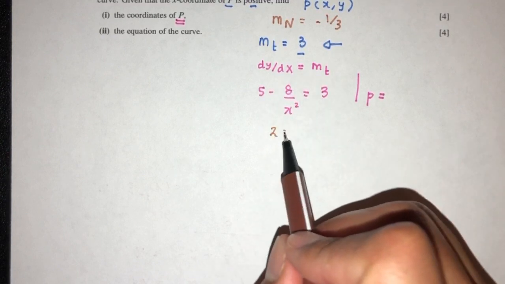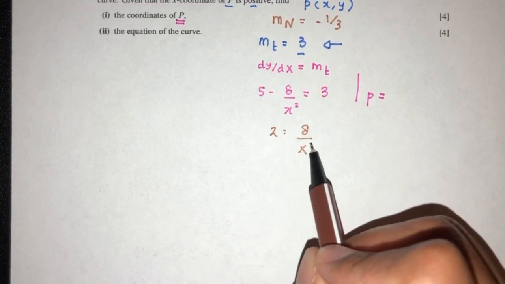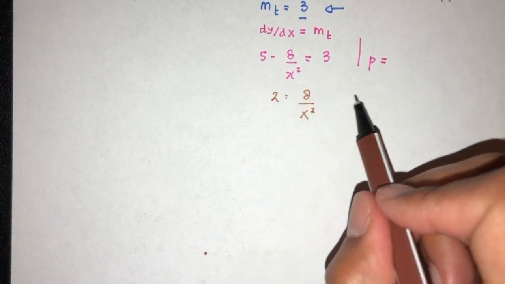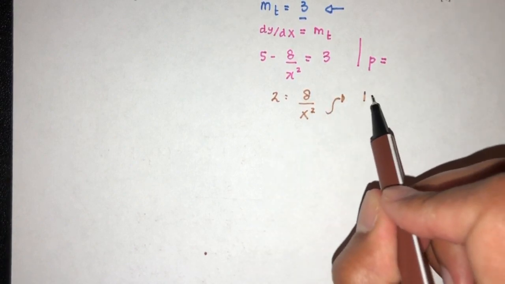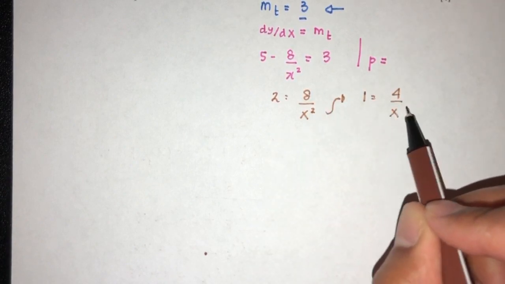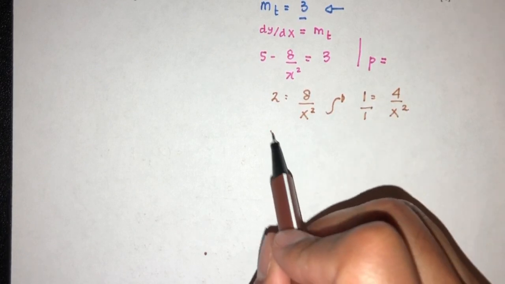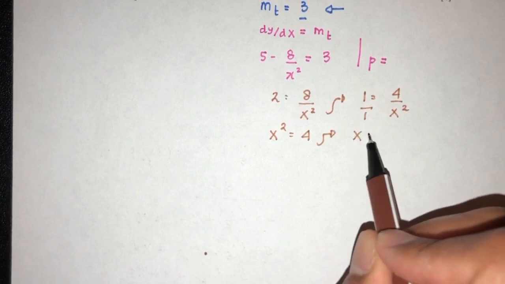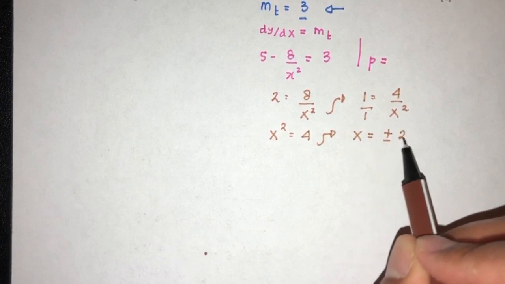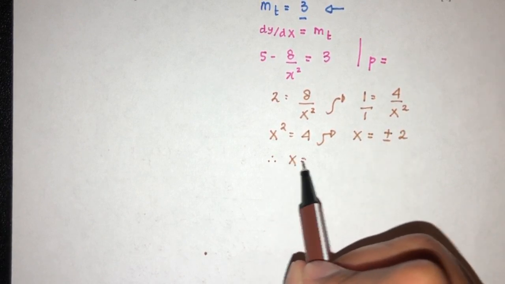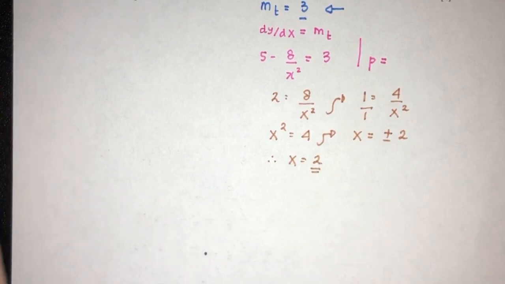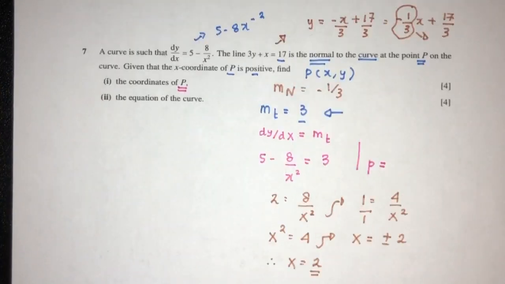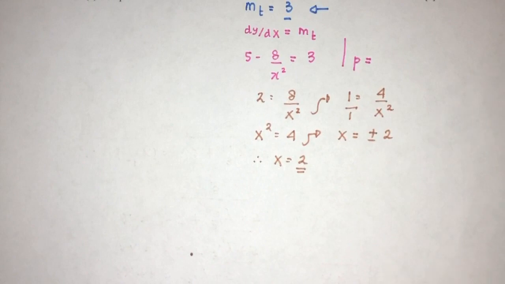You will have 2 equal to 8 over x squared. Divide by 2, you have 1 equal to 4 over x squared. Cross multiply, you will have x squared is 4. So from here, x will have to be plus or minus 2. So hence x will be the value of 2 because it is told that the x value of P is positive.